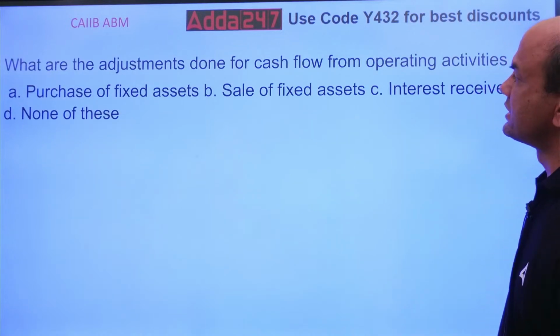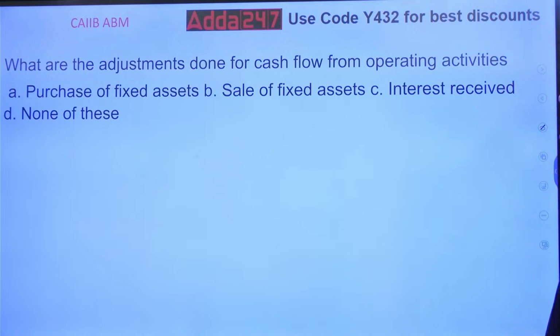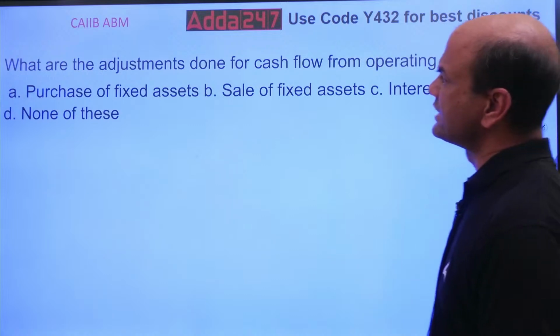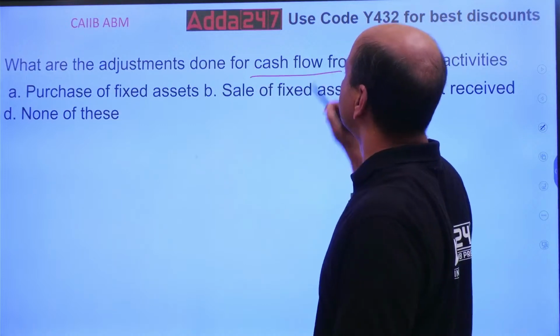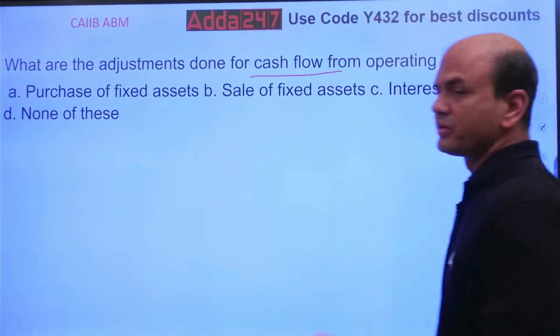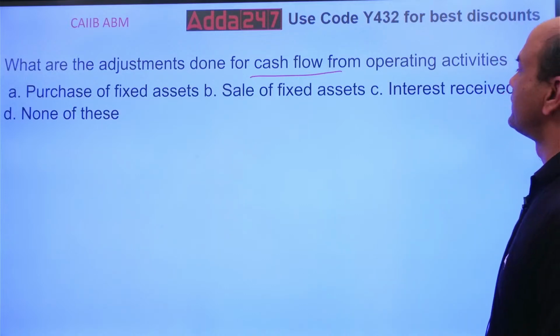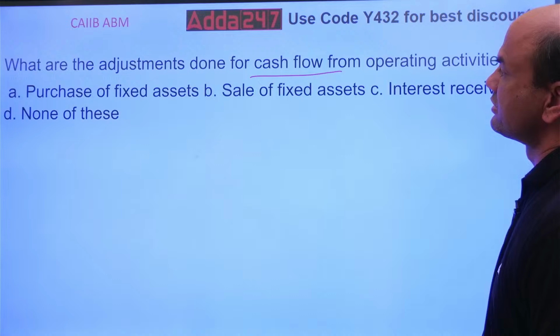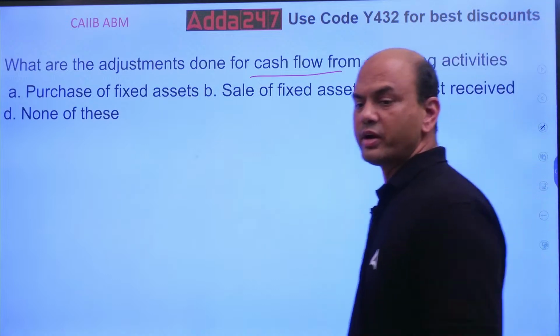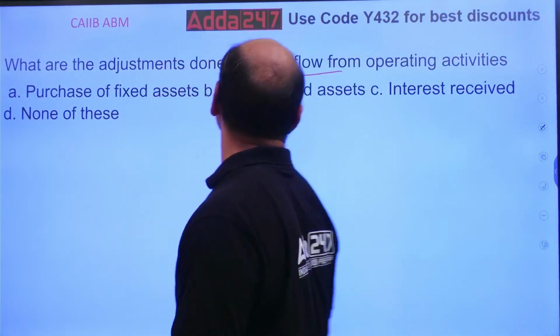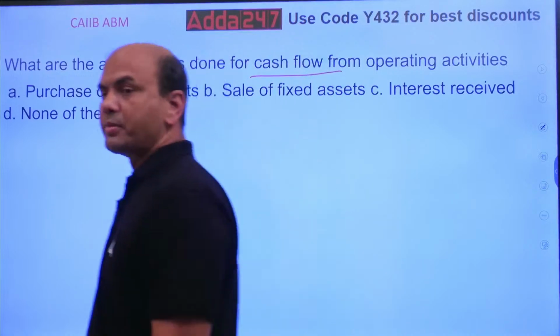What are the adjustments done for cash flow from operating activities? Means what do I do with that cash flow? The question is this: purchase of fixed asset, sale of fixed asset, interest received. Where do I adjust this cash flow? From operating activities. Operating means what?